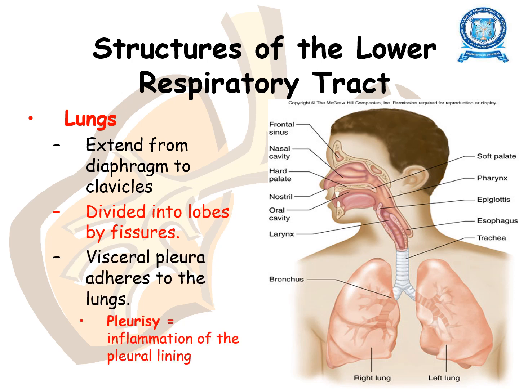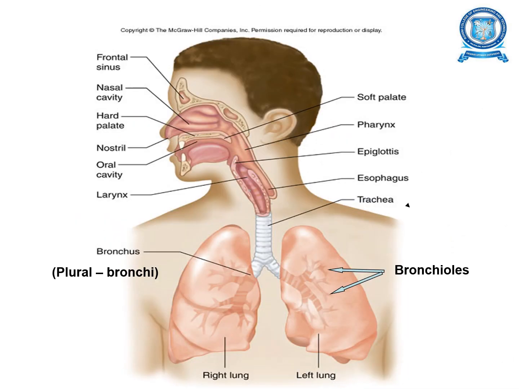The visceral pleura adheres to the lungs. Here is the diagram you can see: larynx, hard palate, nostril, bronchus, trachea, pharynx, soft palate. The bronchioles are given in the diagram, with the bronchi, left lung and right lung. The specific clear diagram is given here.